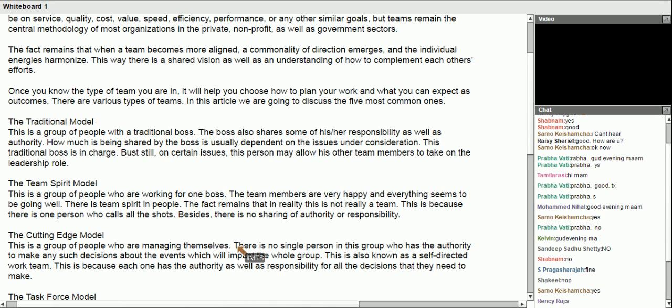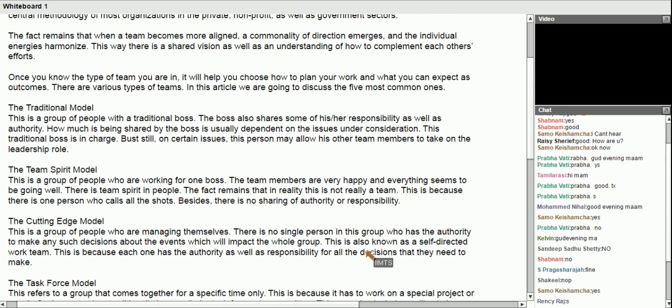So in the cutting edge model, there is no boss. There is no concept of a boss. Everyone can take their own decisions. They are self-directed and have to take decisions on their own behalf. This is also known as a self-directed work team. This is because each has the authority as well as the responsibility for all the decisions they need to make.